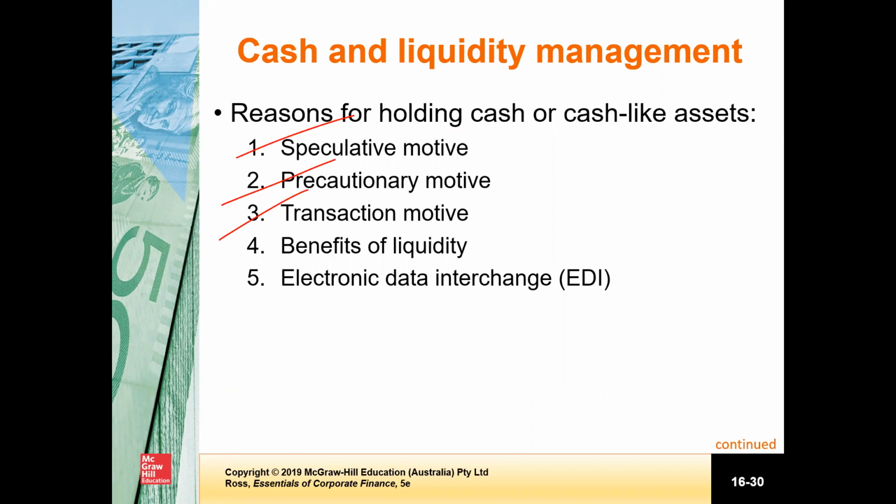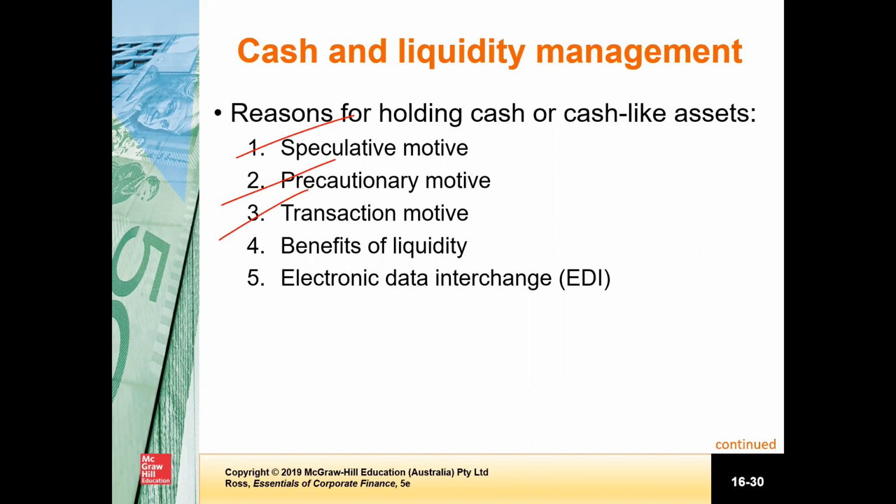As the banking system continues to innovate and other new forms of payment transfers, such as electronic fund transfer and other high-speed paperless payment mechanisms, continue to develop, even the transaction demand for cash may all but disappear. Even if it does, however, there will still be a demand for liquidity and a need to manage it efficiently. So these are the most prominent motives to hold cash: speculative, precautionary, and transaction.